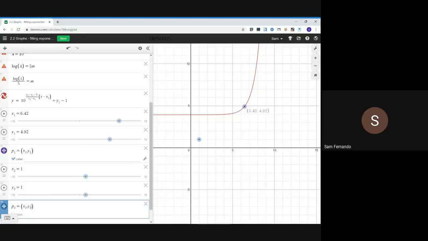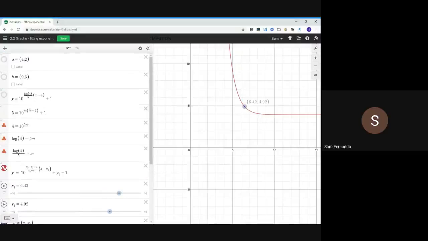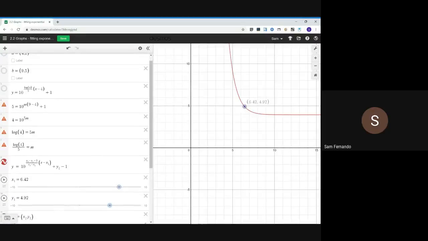Okay, what I need to do is make sure that, I was going to start from my bottom point and go up, so I just need to make sure that my second y value is greater than my first. This is not going through the point, so let's figure out what we've done wrong. I've got the difference in the y values, difference in the x values.